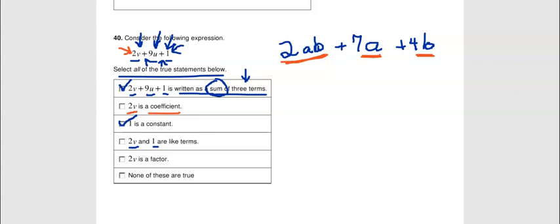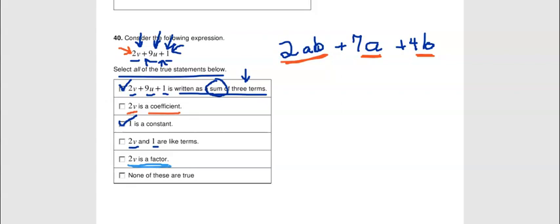All right, the next one is 2v is a factor. So what is a factor? Well, in this situation, the 2v is not a factor. 2v is basically a number and a variable being multiplied together.